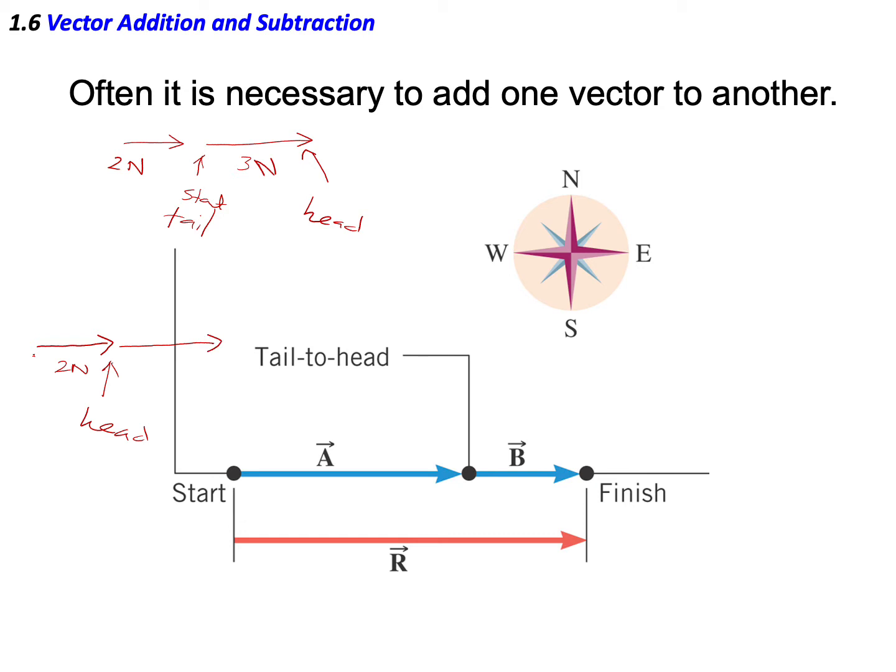Tail, head, tail, head. Your final vector is from the tail of the first vector to the head of the second vector. So this one vector represents the combination of this vector plus this vector.